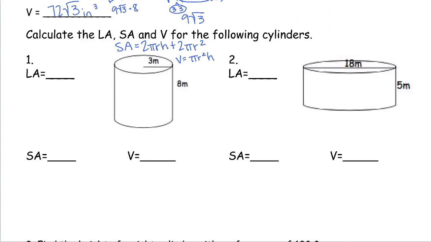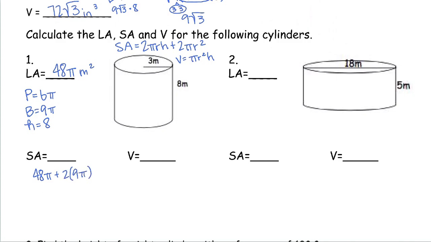For PH plus 2B, let's see, the perimeter of my base, which is the circumference, is 2 pi r, so 6 pi. The area of my base is pi r squared, so 9 pi, and the height between the bases is 8. So my lateral area, PH, 6 times 8, will give me 48 pi meters squared. And then PH plus 2B, this will give me my 48 pi plus 2 times 9 pi.